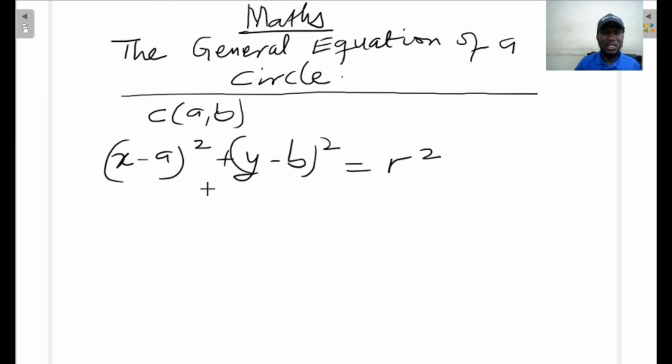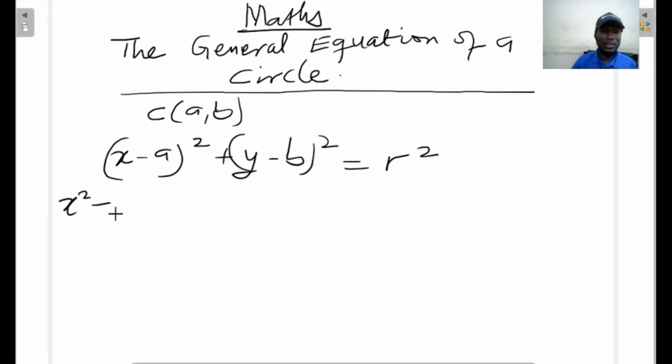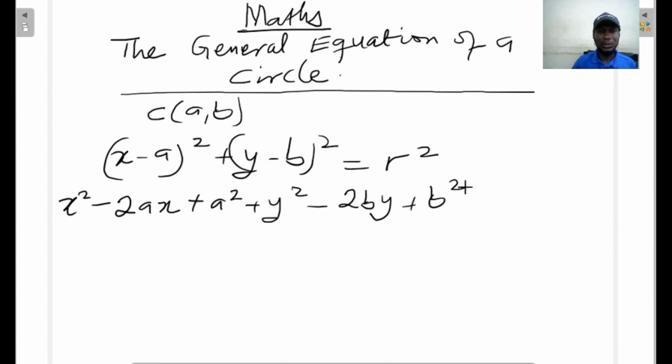When we expand the left hand side of this equation using binomial expansion, we are going to have x squared minus 2ax plus a squared plus y squared minus 2by plus b squared equals r squared. Good.